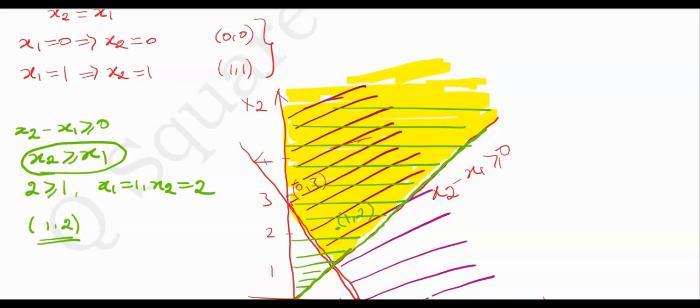This common shaded region, that is this feasible region, solution space is unbounded.